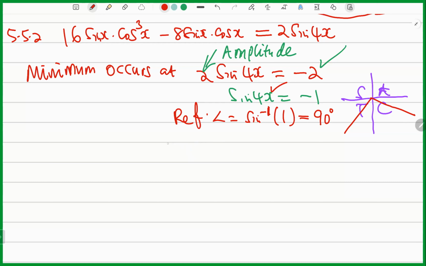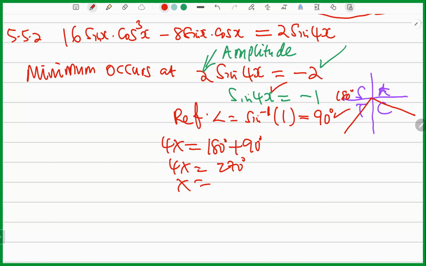So 4x would be 180 degrees, and then you add the reference angle there. If you add 90 degrees to that, you get 4x equal to 270 degrees.